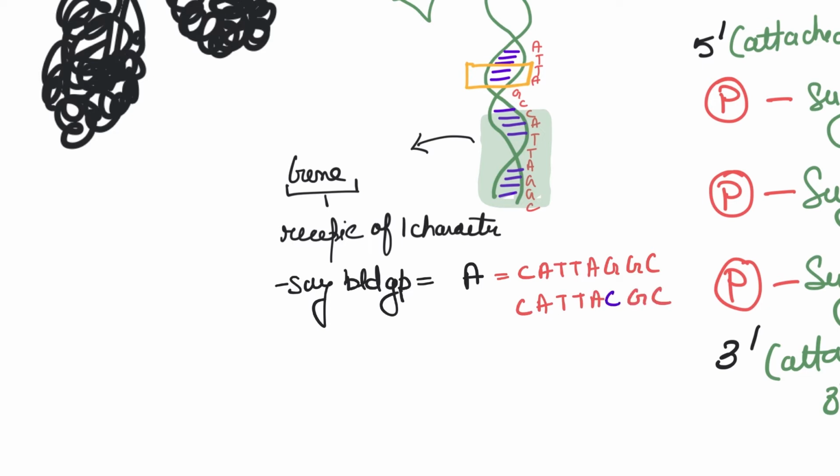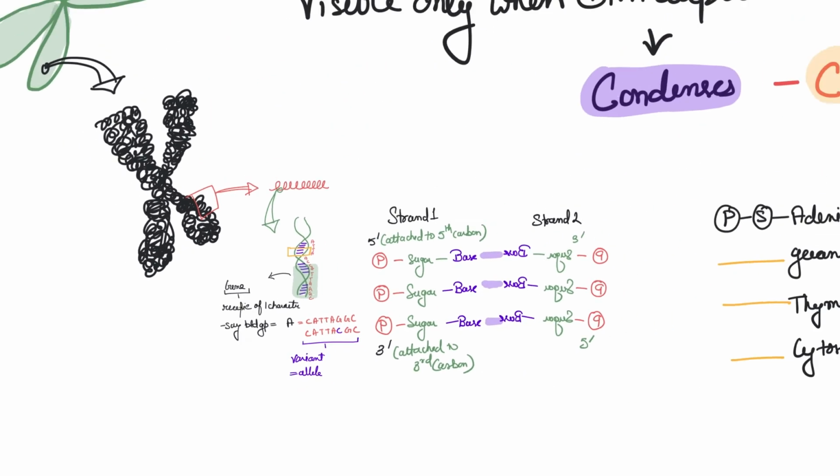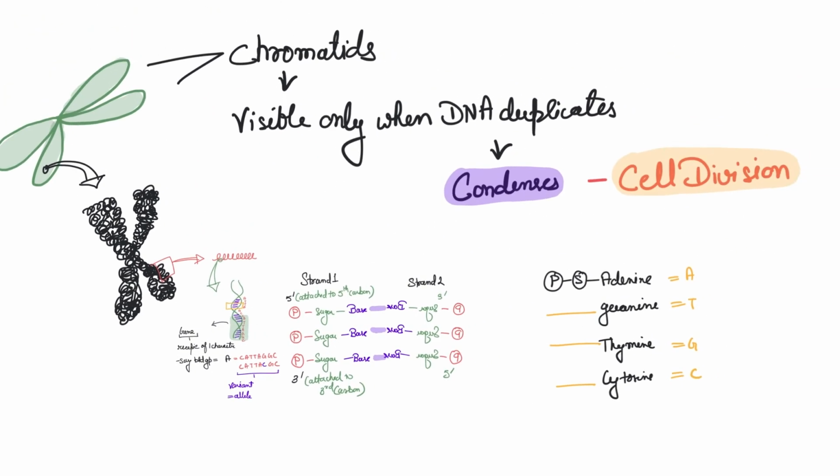So instead of G, you have a C. But the change is not too much, and this is a variant. This perhaps codes for a different type of enzyme which synthesizes a different type of carbohydrate, and hence you have a variant called an allele. So, what are alleles? They are gene variants, right? And different alleles can code for the same character but produce different forms. So, you have different blood groups, right?